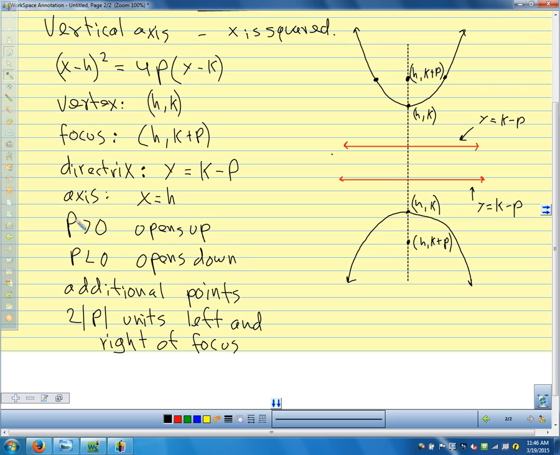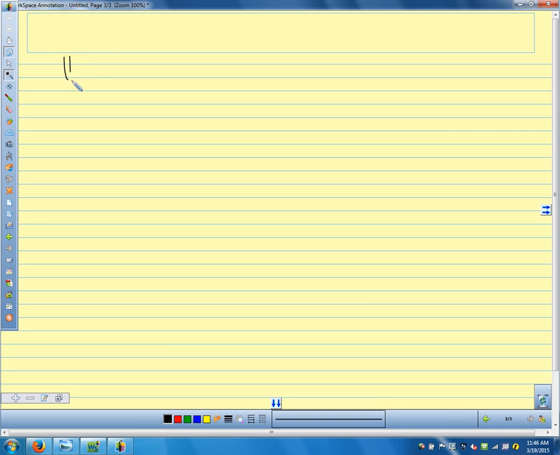Okay. Let's do the same thing for a horizontal axis. So we'll get our information, and then we'll work some examples. Horizontal axis, everything's pretty much the same. We're just kind of switching the x's and the y's.